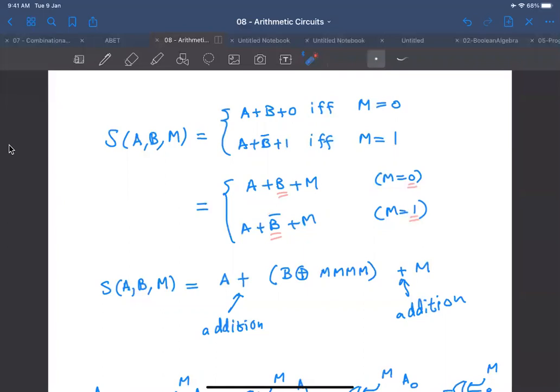Some gate here. You take B and you take M. And B is 4-bit, by the way.